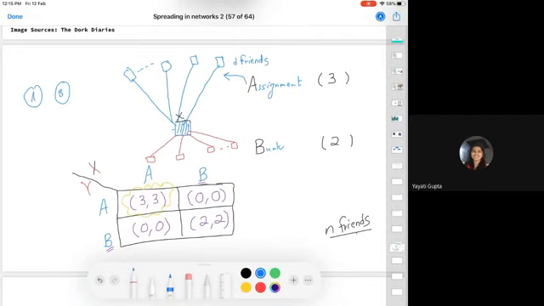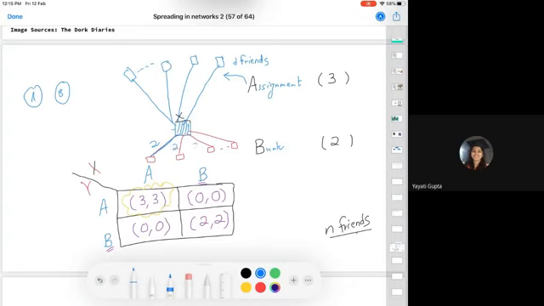X knows that if he now goes out with these people and bunks the class, he needs the total payoff he will get. By aligning his action with this person over here, he is getting a payoff of 2. Each of them is getting a payoff of 2, but I'm only talking about X, who is getting a payoff of 2.